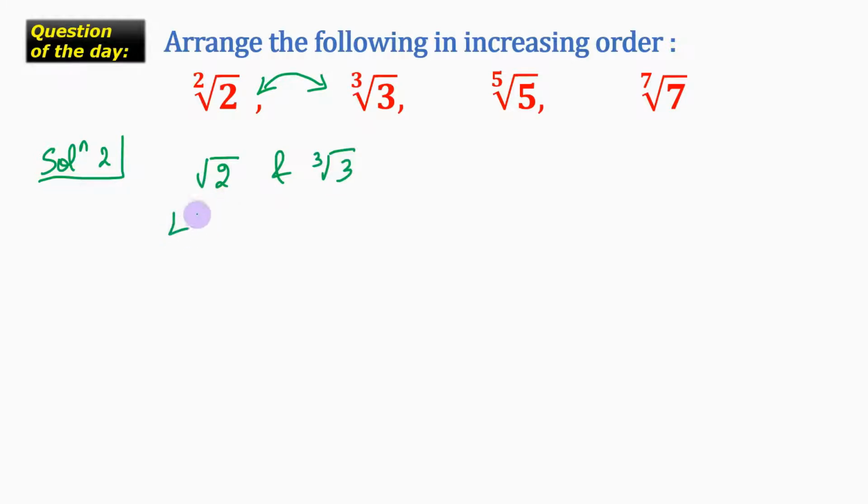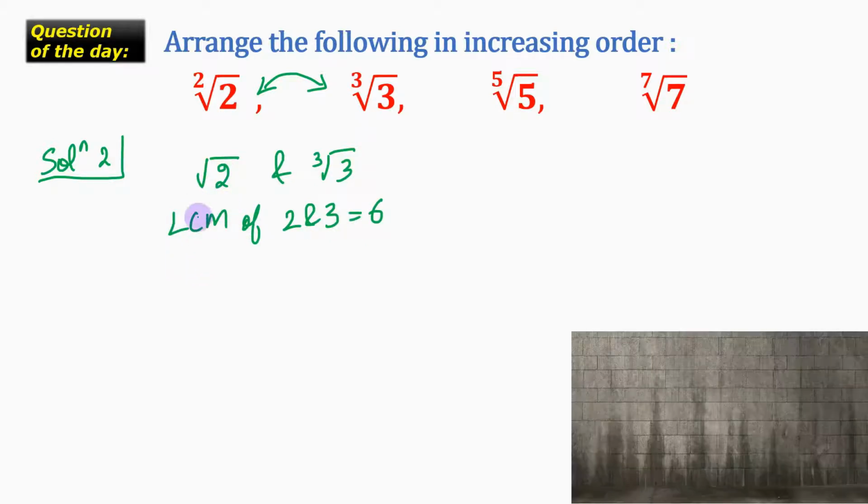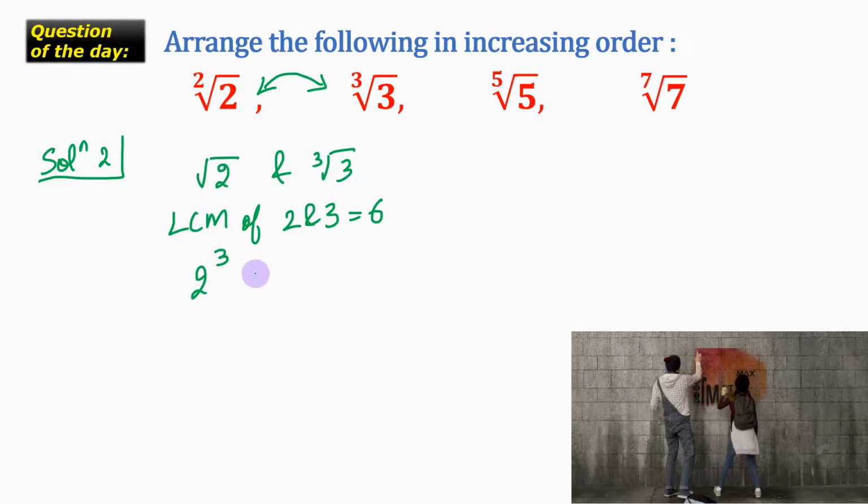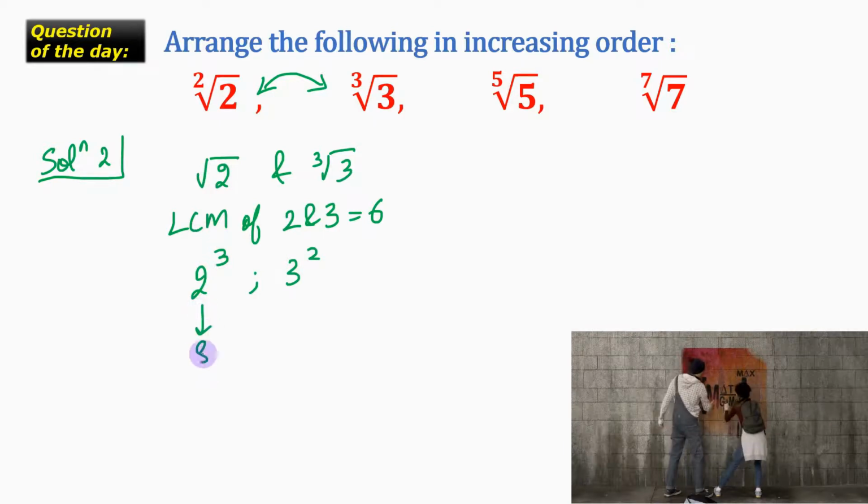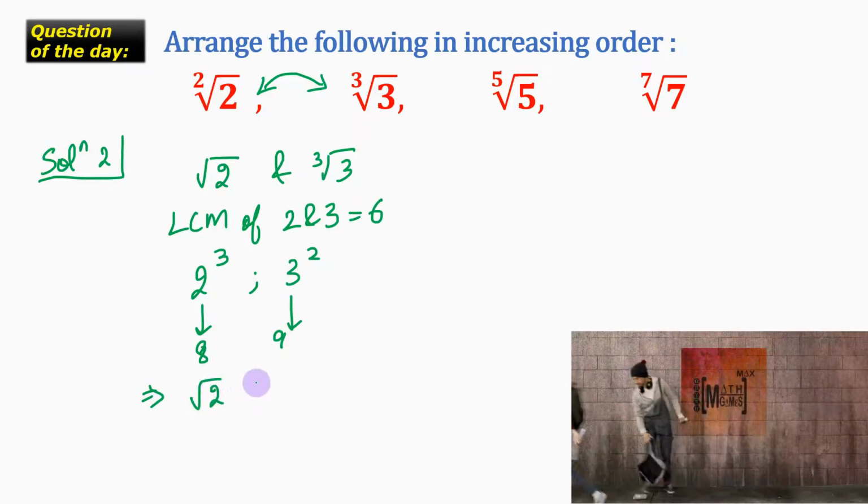The LCM of 2 and 3 is 6, so we raise the power by 6, and square root of 2 becomes 2 cube, which is 8, and cube root of 3 becomes 3 square, which is 9. This implies that square root of 2 is less than cube root of 3.